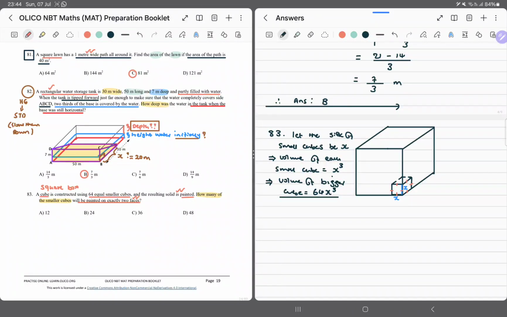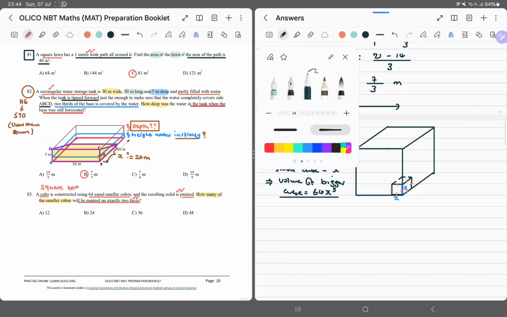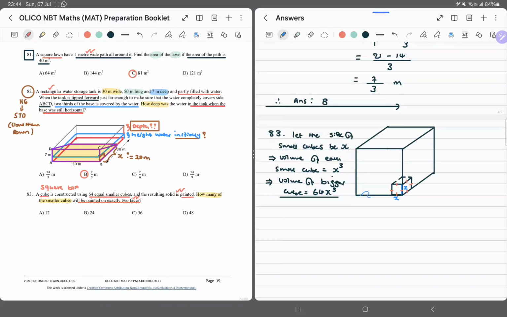Now, this can help us work out the dimensions of the bigger cube, because we need to know what this dimension is. So if this is the case as we have put it, we know that s cubed is going to be equal to 64x cubed, which also implies that s cubed, since 64 is basically 4 cubed, is 4 cubed x cubed.